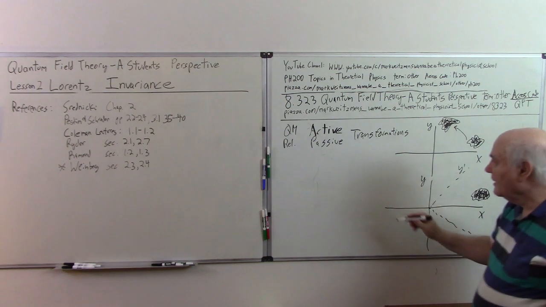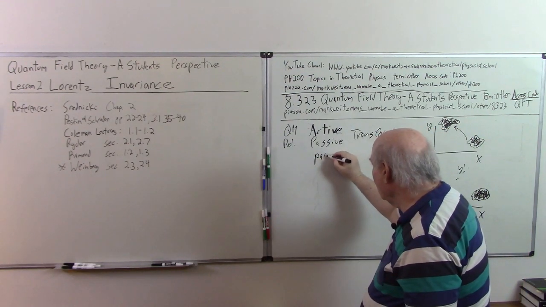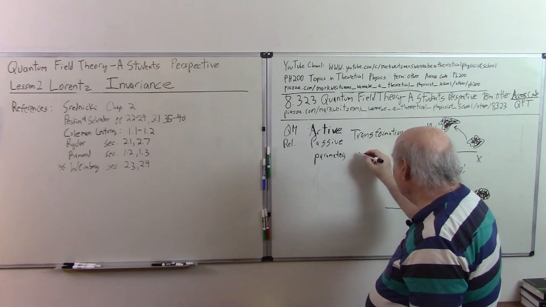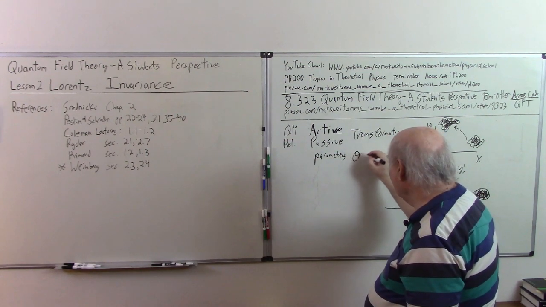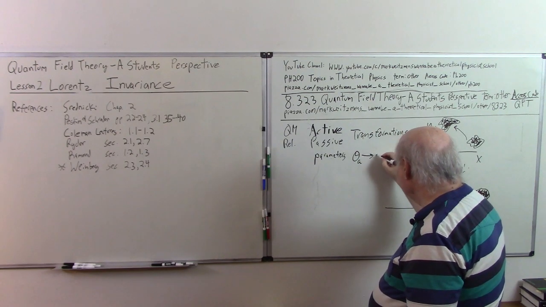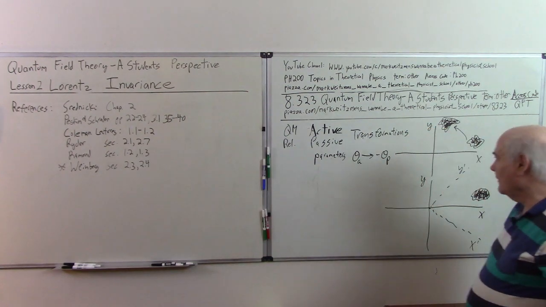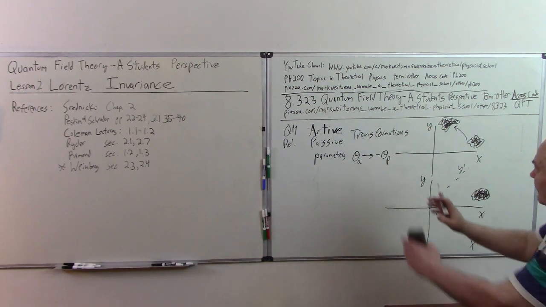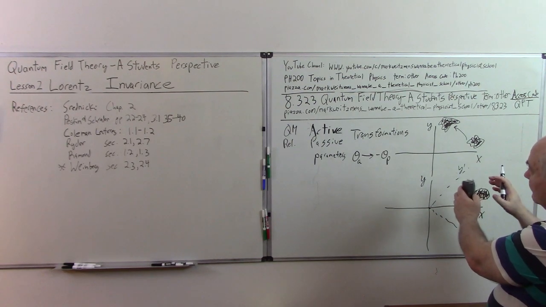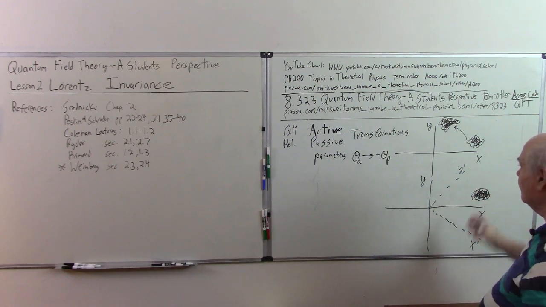So the parameters, let's say theta under an active usually go to minus theta under a passive. So if you do something like a translation where you move your object this way, to describe it passively, you would move your coordinate system in the opposite direction, in the negative direction.